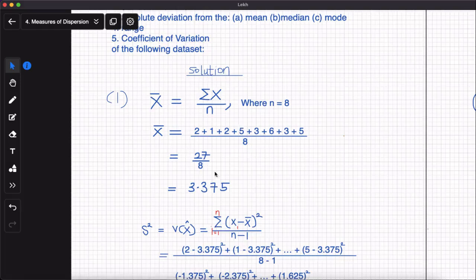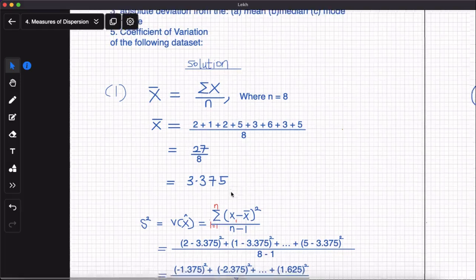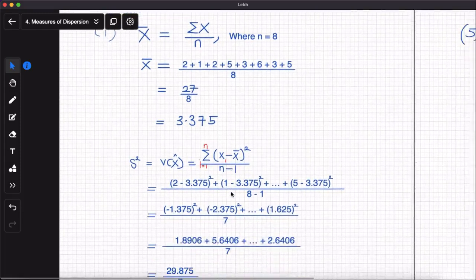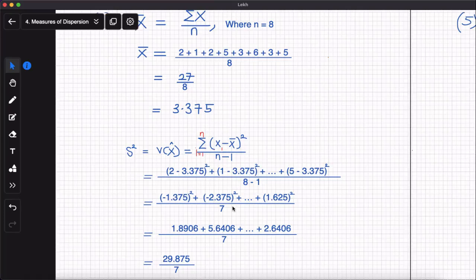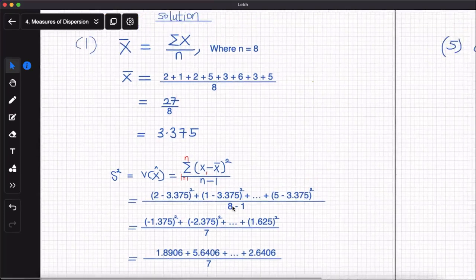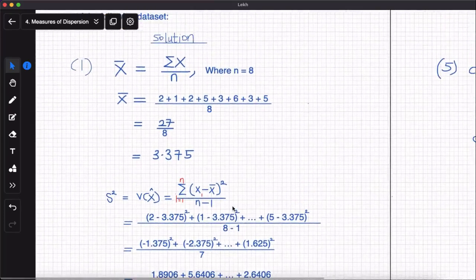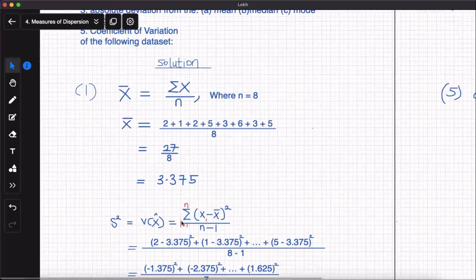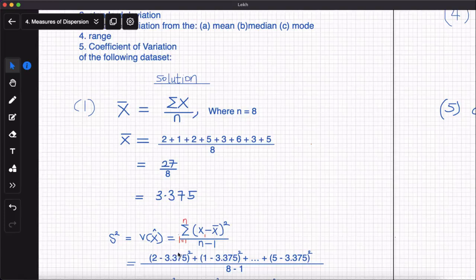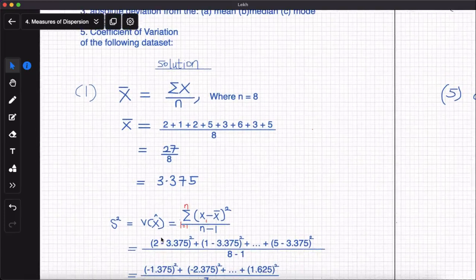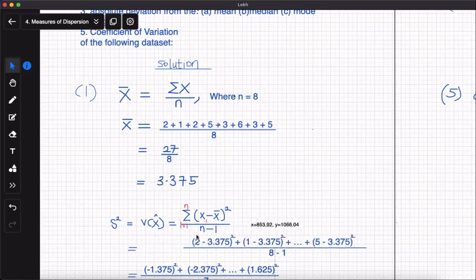We can obtain the mean to be this. Using the same technique that we discussed earlier, you subtract the mean from each of the observations. For each observation, find the difference between that observation and the mean, and then square that. That's what we're doing here.